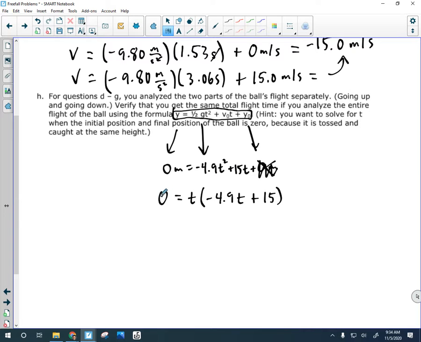And this all equals 0. So there are really two solutions here. Either this t equals 0, right? Or the quantity here inside the parentheses must equal 0.